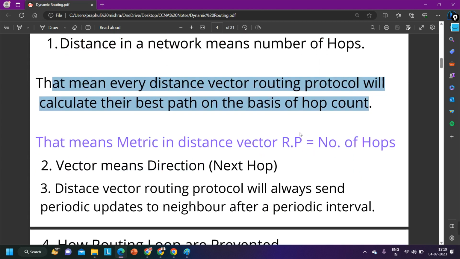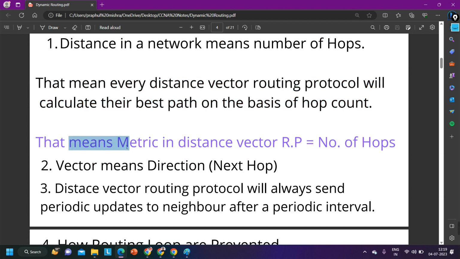On the basis of hop count, it will calculate the best path. That means the metric in a distance vector routing protocol is the number of hops. As I told you, each routing protocol has its own algorithm to calculate the metric. So this is the algorithm of calculating the metric of a distance vector routing protocol. Here the metric is number of hops.